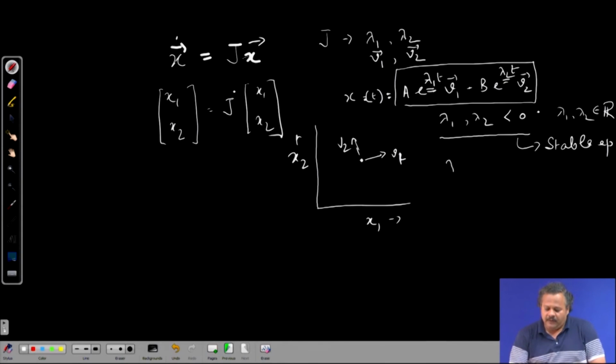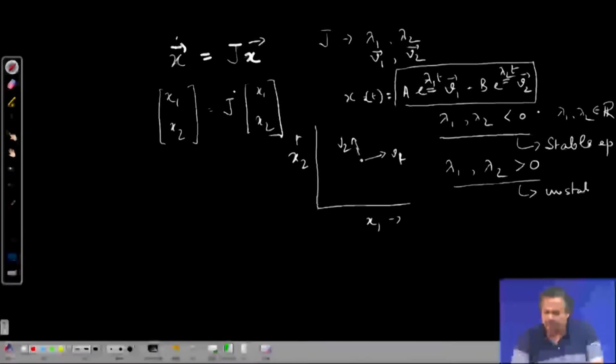Similarly, if lambda 1 and lambda 2 are both greater than 0, then the equilibrium point is going to be unstable, which means that based on this solution, over time the system is going to diverge out along v 1, the first eigenvector, and also along v 2, the second eigenvector, and it is not going to come back into the equilibrium point.